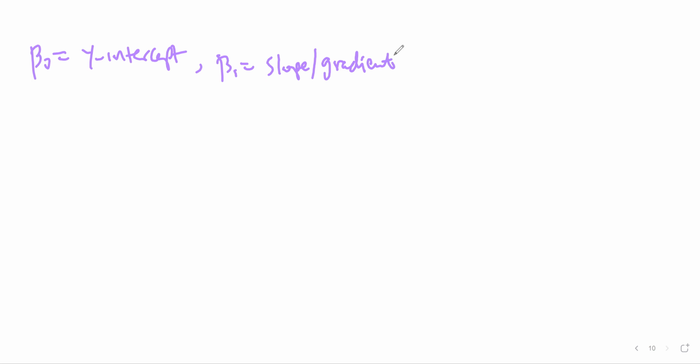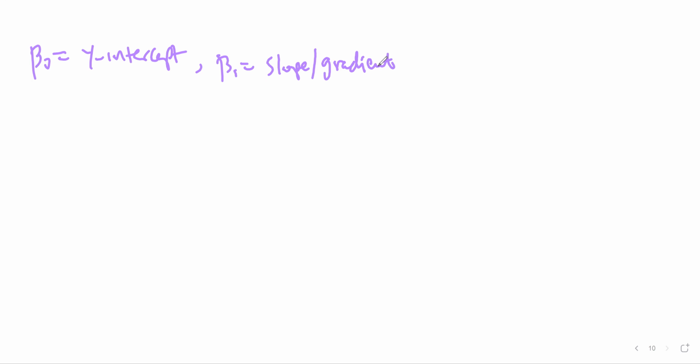Now, as we've mentioned, beta naught and beta 1 are always unknown. So we need to estimate them. For you to estimate the values of beta naught and beta 1, you need some data, which will be coming from a sample. There are various methods of estimating the values of beta naught and beta 1.